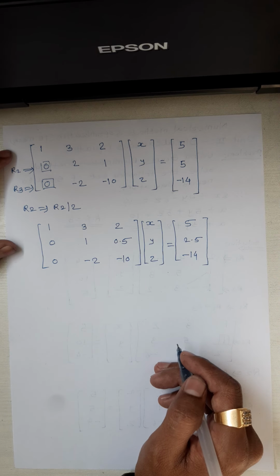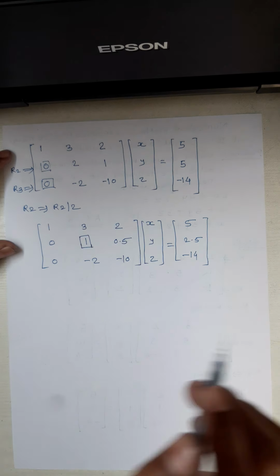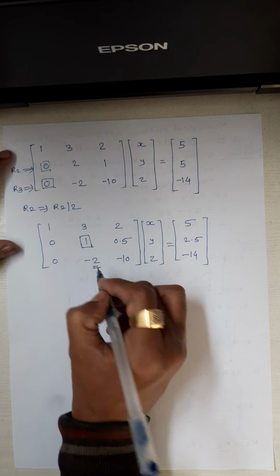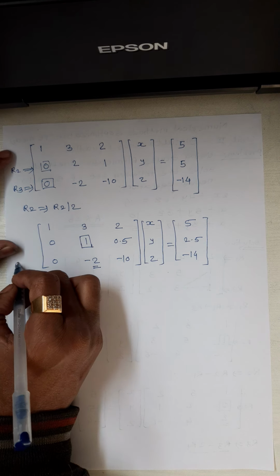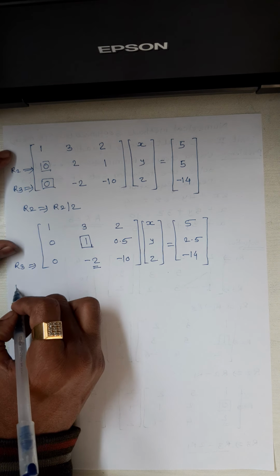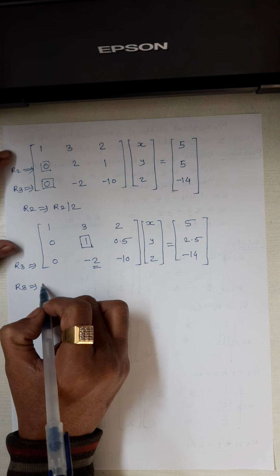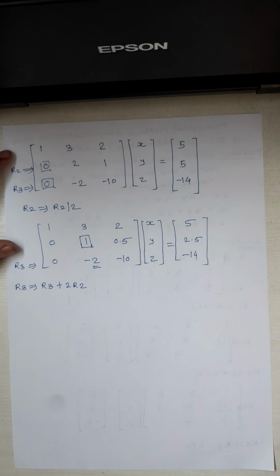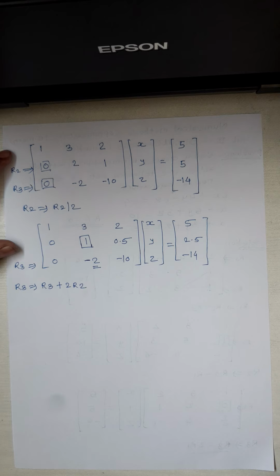Okay. So next step, here we make this element, row 2 and column 2, as 1. Next step is we have to convert this minus 2 into 0. How to convert? By performing which operation? So students, in the next step we have to perform the operation R3 plus 2R2, because here the sign for 2 is minus.